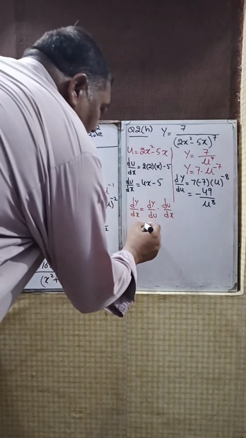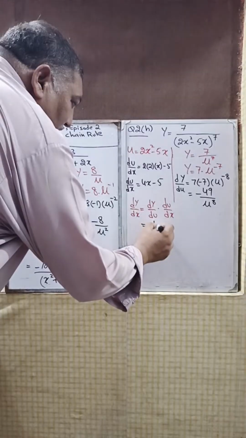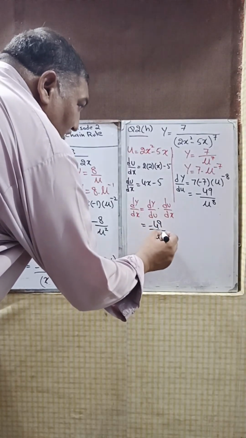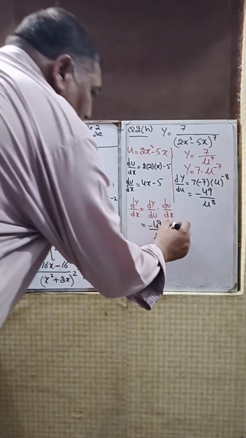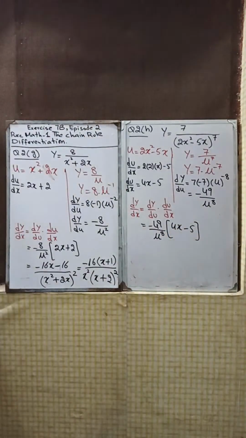So it will become dy by dx equals minus 49 divided by u raised to power 8, into the value of du by dx, which is 4x minus 5. Now we will substitute the value of u back here.